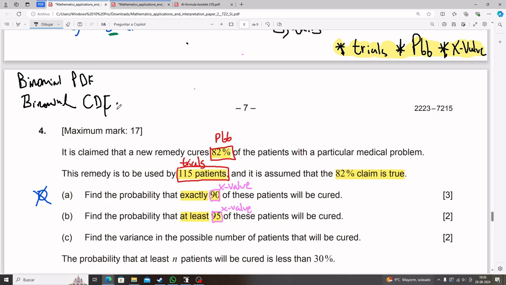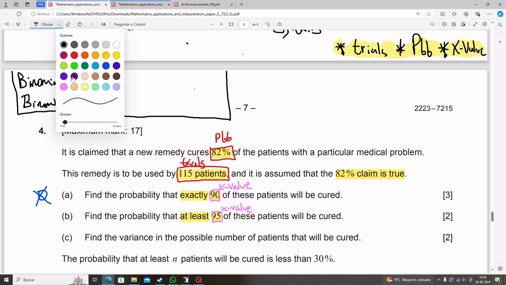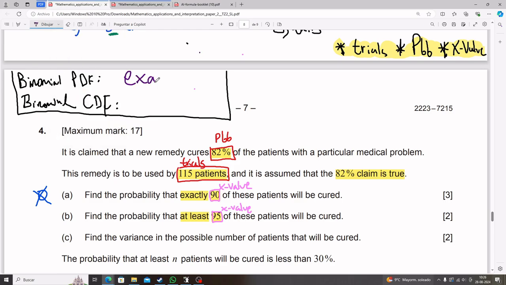Instead of jumping into what PDF means, what CDF means, I'd rather have you memorize or write down somewhere that intuitively you want to remember binomial PDF with the word exactly.